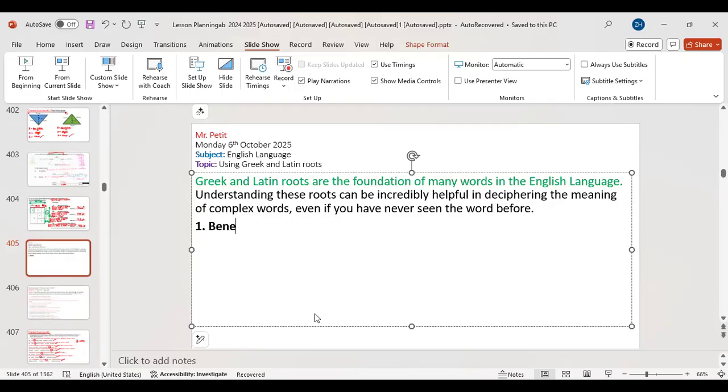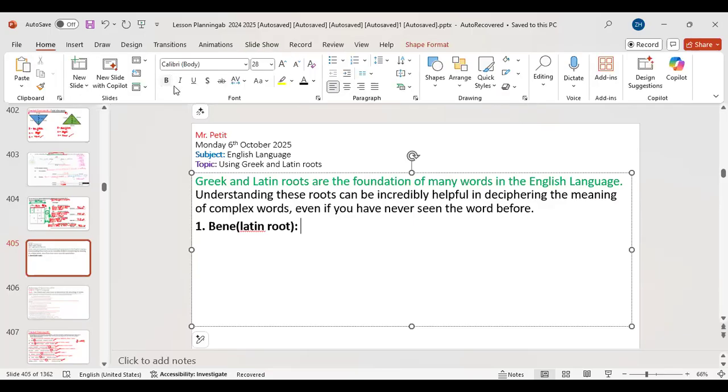If I say something that's beneficial, or benefactor, all of that has this Latin root. It means good or well.